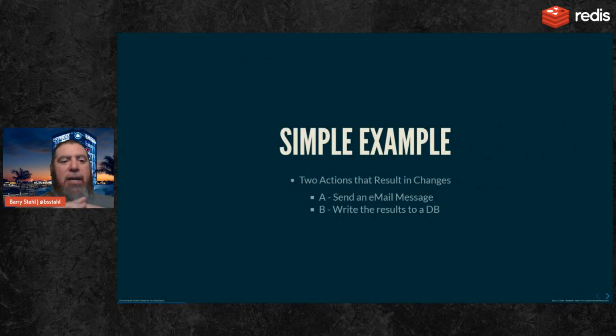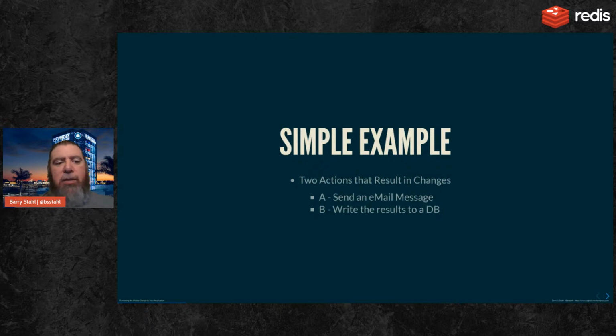All right, let's get into the meat of the talk here. For this, we're going to use a simple example: an application that needs to do two things. In this simple example, it's going to need to send an email and write to a database. But this could be any two operations, really.